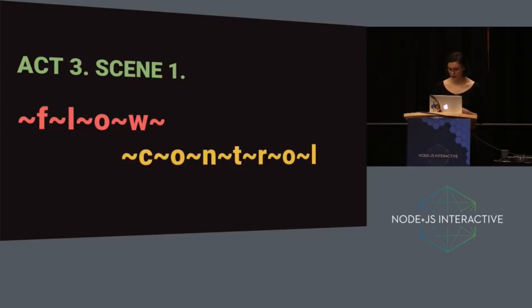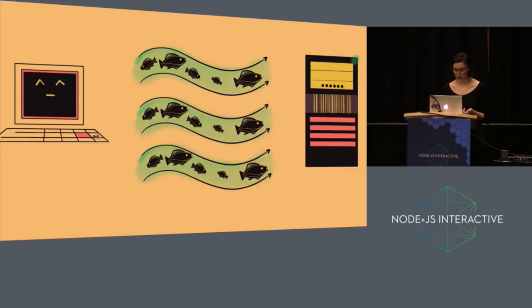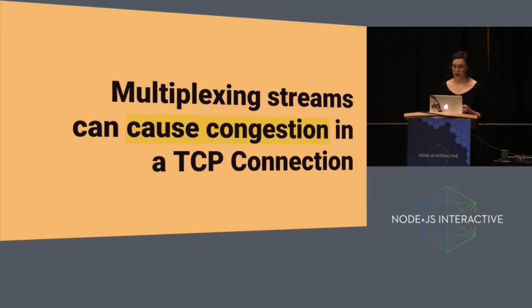You're also able to control the way data is handled with HTTP2 with something called flow control. Again, single connection, multiple streams. Because we're multiplexing these streams over a single connection, this can cause congestion in a TCP connection, and you want to be able to control the flow of your connection.